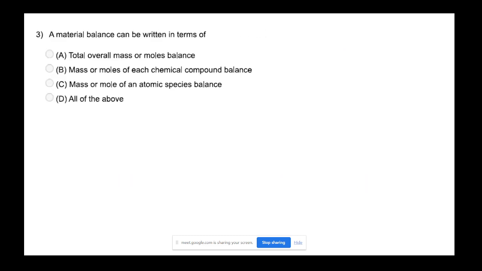Next, a material balance can be written in terms of mass or moles, for a species, and for atoms also.